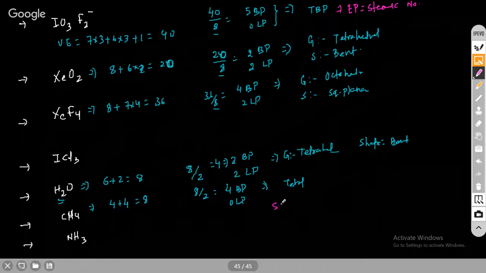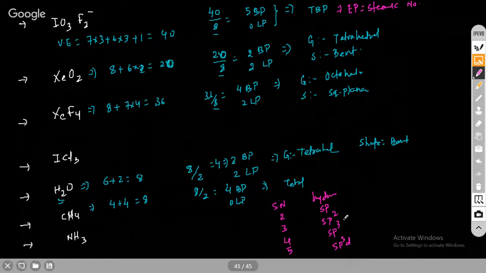Steric number and hybridization: if it is 2, hybridization is sp, 3 sp2, 4 sp3, if it is 5, then sp3d, 6, then sp3d2, like this.